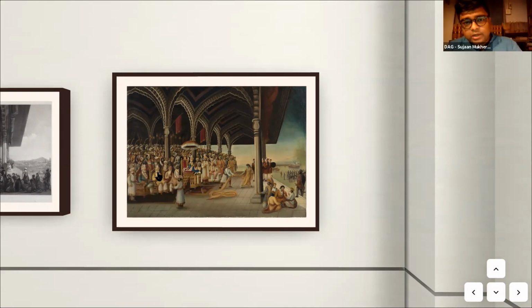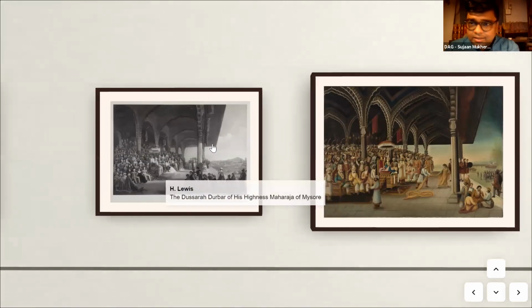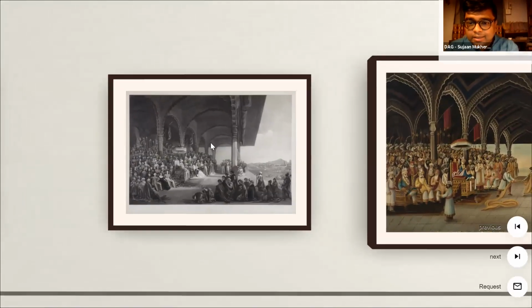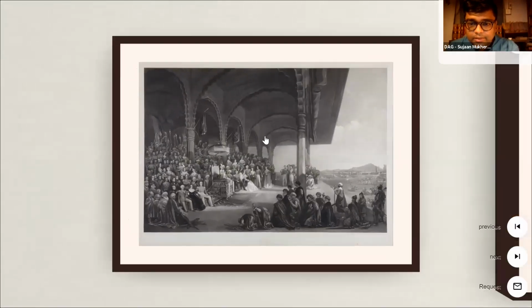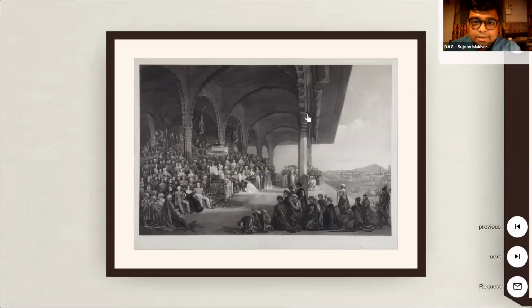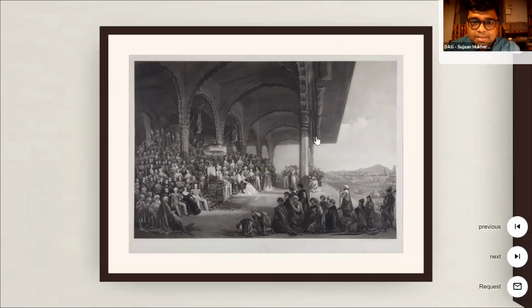To be very honest, I'm not a student of architecture or architectural history myself. What I find interesting, which is why I went back to check with the earlier work, is that the same thing is present here as well. And this is the court of Mysore.